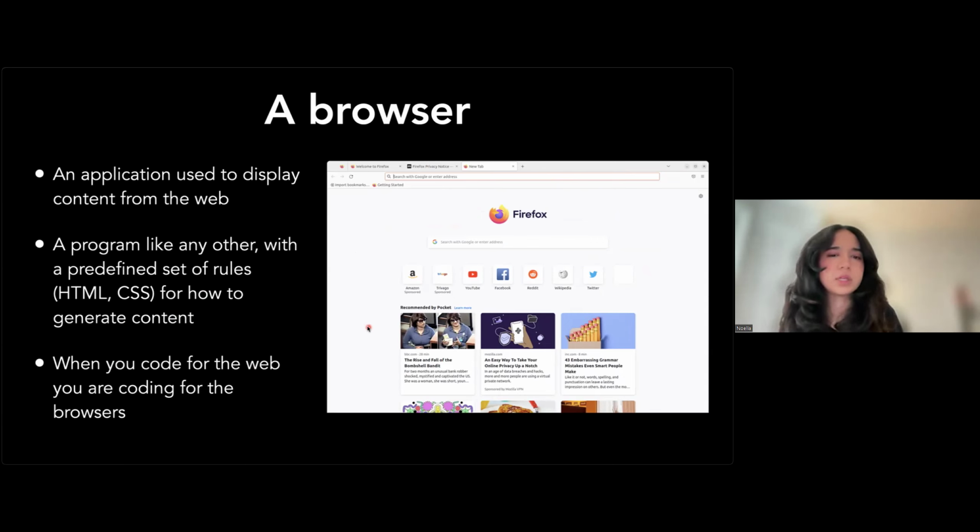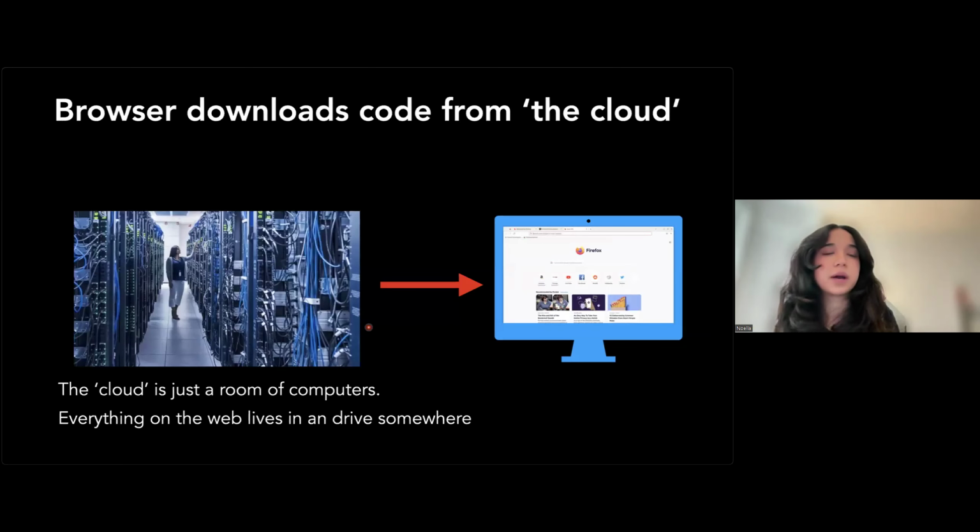And so, just like we did before, let's go step by step in how your code is executed for the web. So the first step is when you open a website, the browser is going to download code from the cloud. And I used to think that the cloud was just this magical thing.